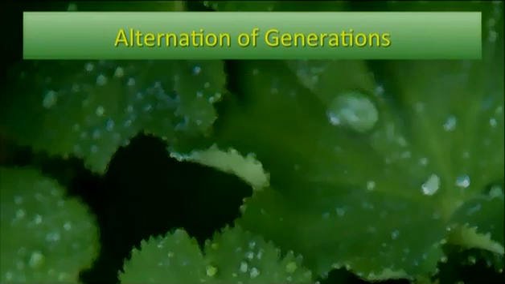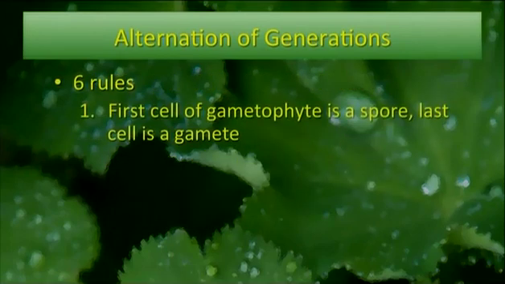Now there are 6 rules for alternation of generations. The first rule is that the first cell of the gametophyte is a spore, and the last cell of the gametophyte is a gamete.